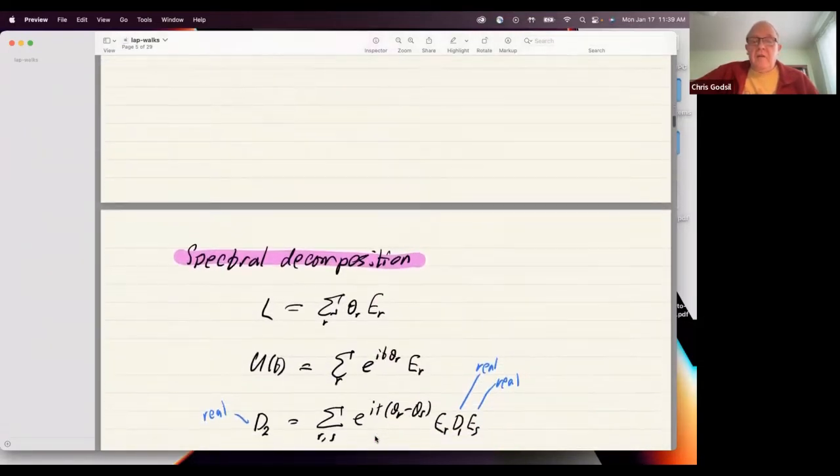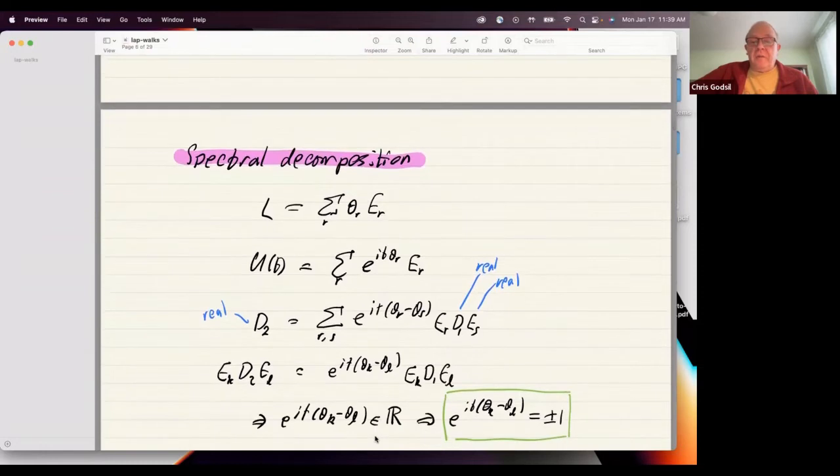To do that, I need to just explain the notation for the spectral decomposition. So I'm going to be using L for the Laplacian matrix. It's a real symmetric matrix, so we can write it as a linear combination of eigenvalues times spectral idempotents, the projections onto eigenspaces. Since this is a Laplacian, one of these theta r's is 0, and they're all non-negative, but that's not going to cause any issues at all.